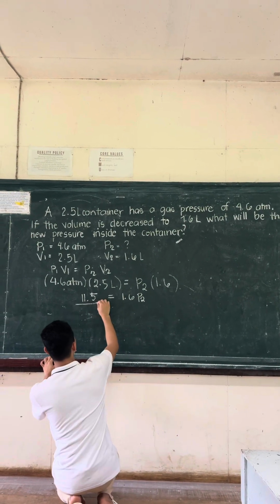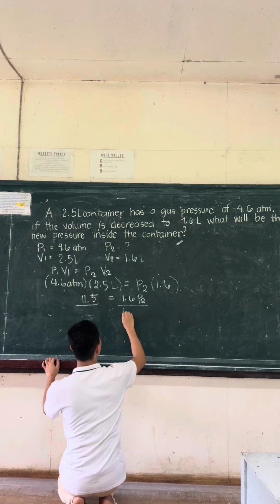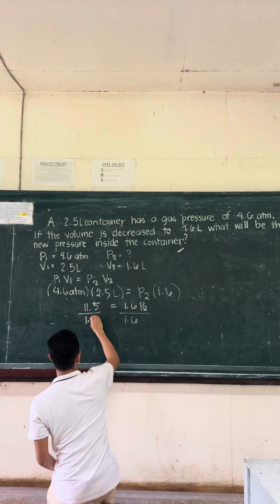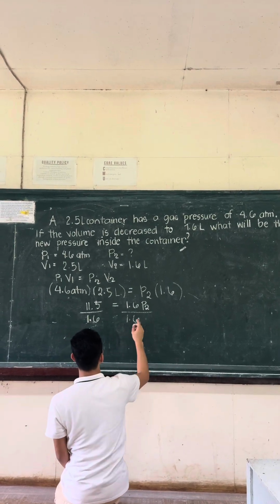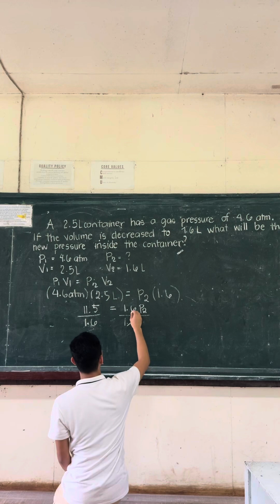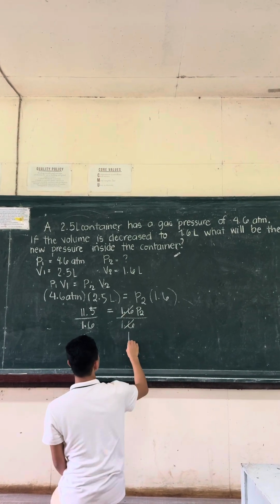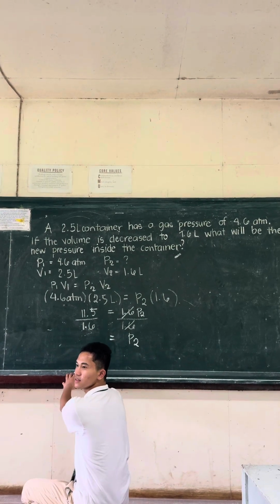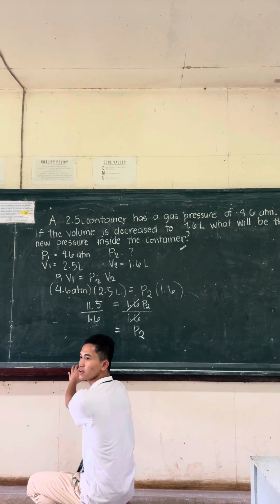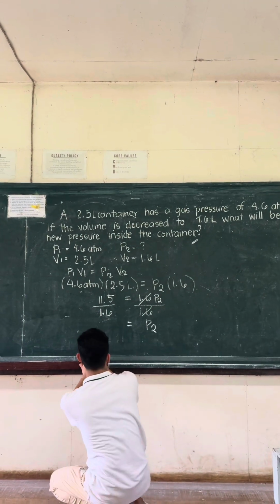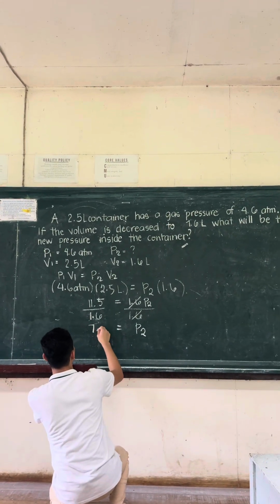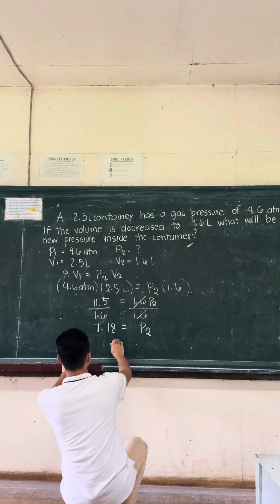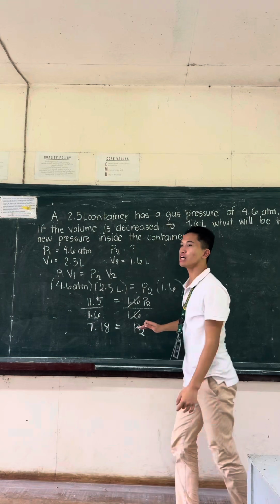We are just going to divide both sides by 1.6. After this, it will cancel out, and then P2 equals, calculate this one. What is the answer? 7.18. So that is our pressure 2.